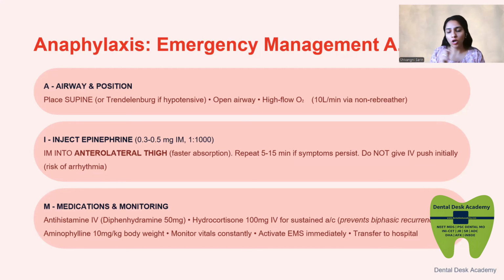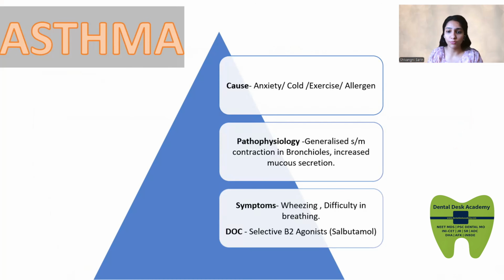Also, as I told you, you can give albuterol, or you can give aminophylline, again to combat the bronchospasm. The aminophylline dosage is 10 mg per kg body weight. And please keep monitoring the vitals constantly. Activate the emergency services and immediately transfer to a hospital. Call the ambulance as soon as possible.